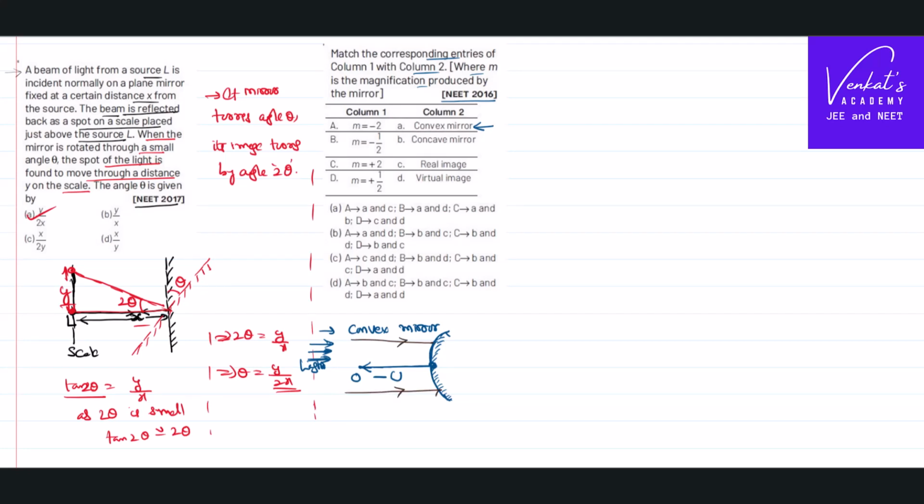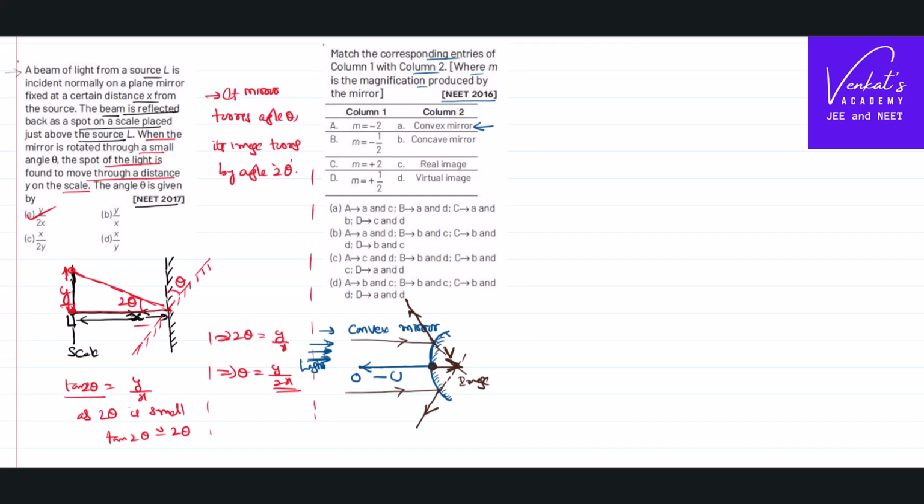It is very clear that these light rays will diverge from here. They go this way. So, definitely they are not meeting on the left side of the mirror. What happens is, our eye extends these light rays further and finds that their image is formed somewhere here. So, the distance of the image from the center to this point is v.